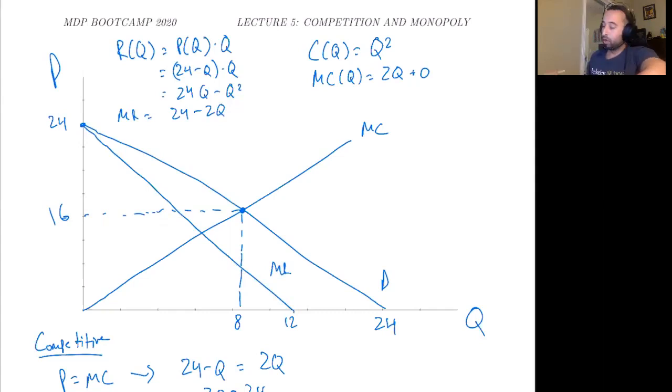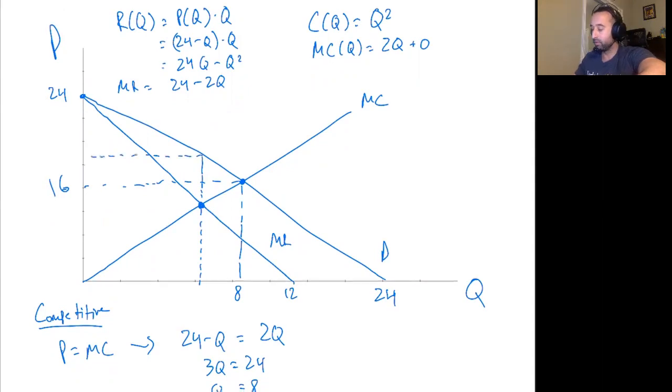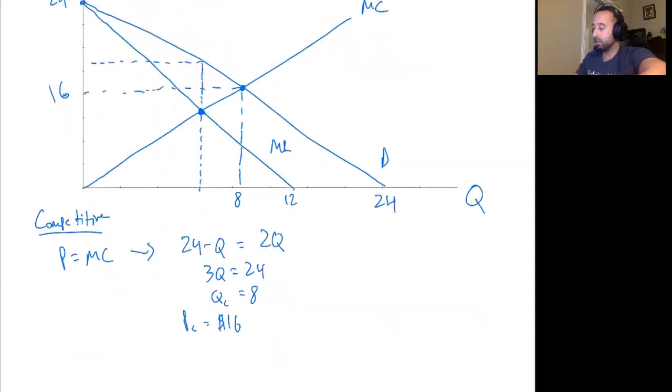Okay, and so we know for a monopoly, our optimal quantity produced in the market is where marginal revenue is equal to marginal cost. So that's this quantity, and we know that the price is going to be such that at this quantity we draw up to the demand curve. Now we can solve for each of these points. First, let's solve for the quantity for the monopoly.